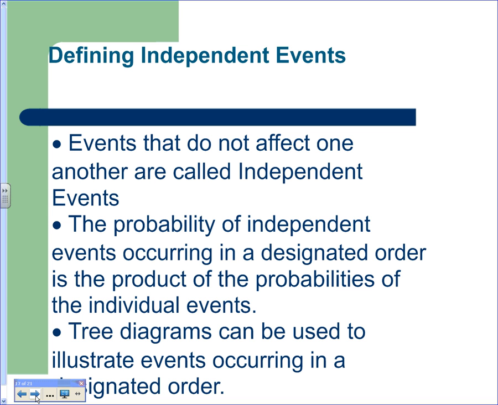The probability of independent events occurring is the product of the two probabilities. So if you want to know the probability of rolling a 3 and flipping a head, you would find the probability of this one, find the probability of that one, and multiply them together.